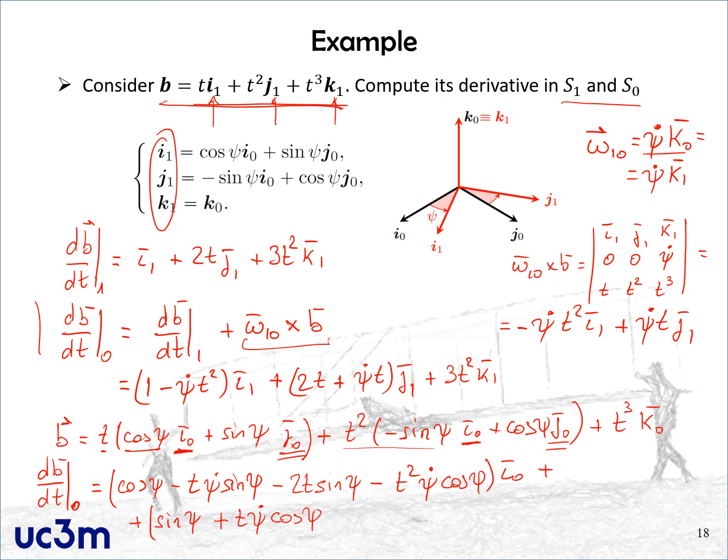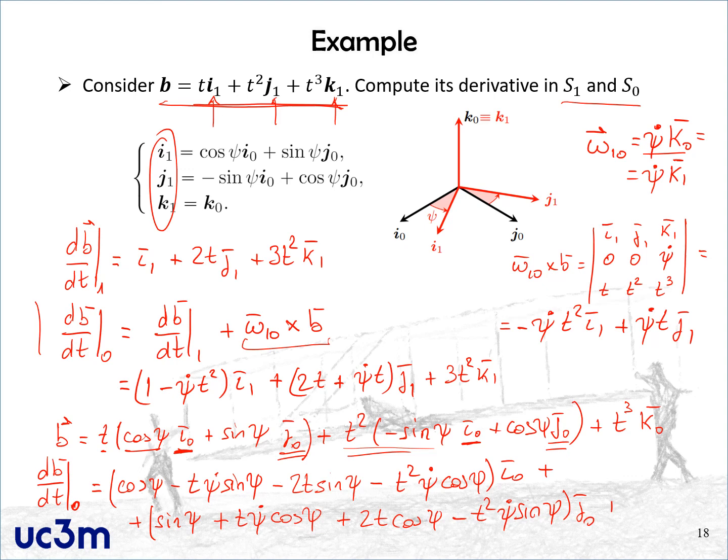And then moving on to the second parenthesis over here, I have plus 2t cosine psi minus t squared psi dot sine psi. Okay, and all this goes in the direction of J0.